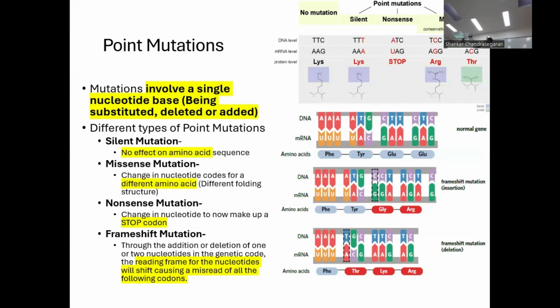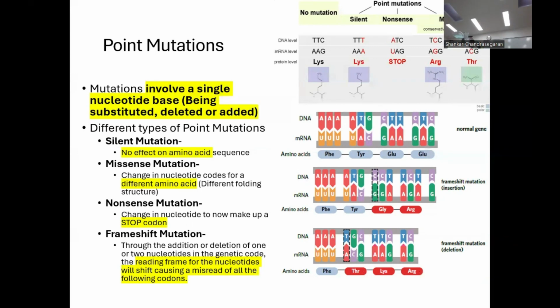So first one, point mutation. Remember, this is one where a single nucleotide base is changed, and that can happen in three ways. It's either substituted, meaning it's changed with another nucleotide, or it's deleted, or another nucleotide is suddenly added in.